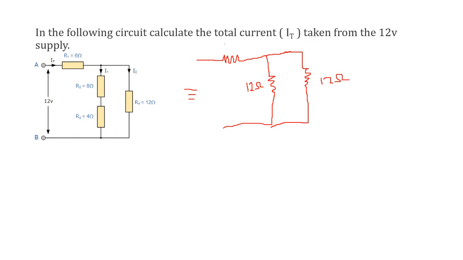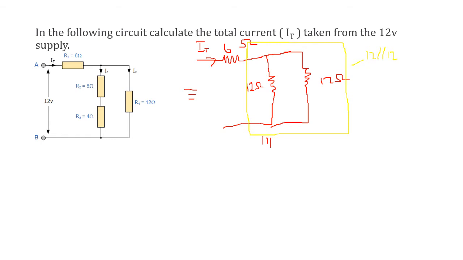Here R1 is 6 ohm. Here the current is IT. Furthermore, we can simplify this circuit. Here you can see that these two 12 ohm resistors are connected in parallel.